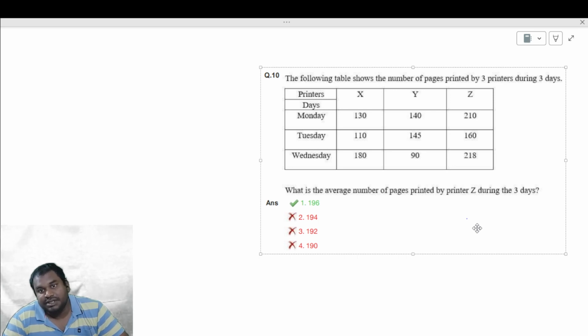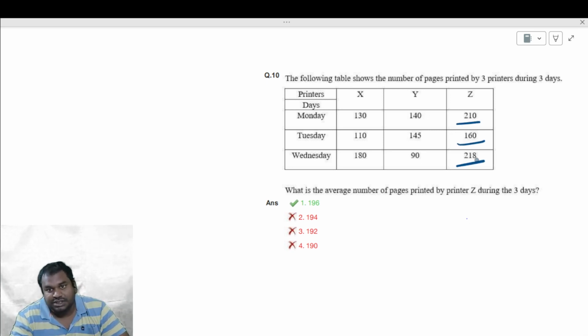The numbers printed: on Monday 210, on Tuesday 160, and Wednesday 218. It's just a trick. We know the formula for average. Simple question it is.